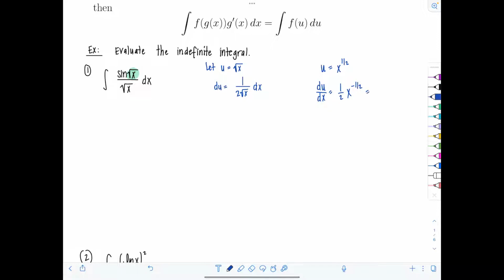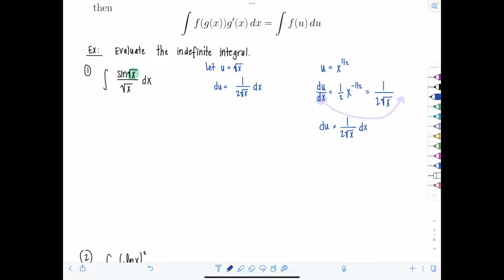Well, that's the same as 1 over, since x is raised to the negative 1/2 power, you have a radical x in the denominator. And then remember, when we do U-substitution, we break apart that differential dx and move it to the other side here. So that's where we get that du is equal to 1 over 2 rad x dx. Good?